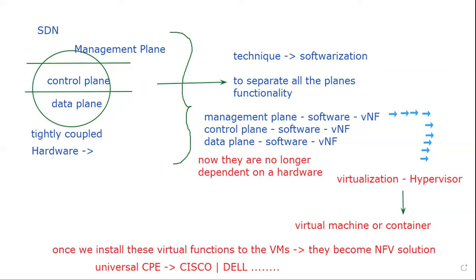So the customer can install a management plane onto it, a control plane, a data plane, or any firewall or wireless controller, depending on what kind of Universal CPE it is.